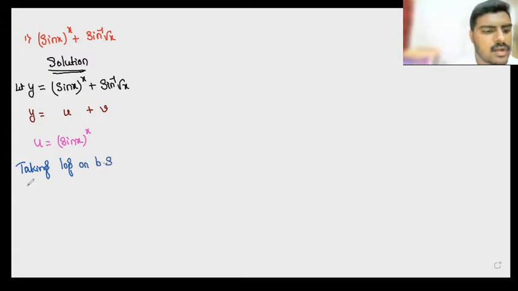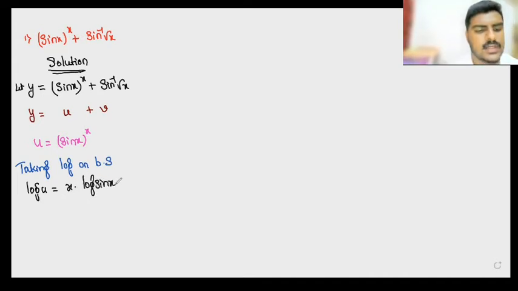When you take log on both sides, log u = x log sin x. Now observe that we have a product of two functions. We know the formula: (uv)' = v u' + u v'. This is u and this is v.